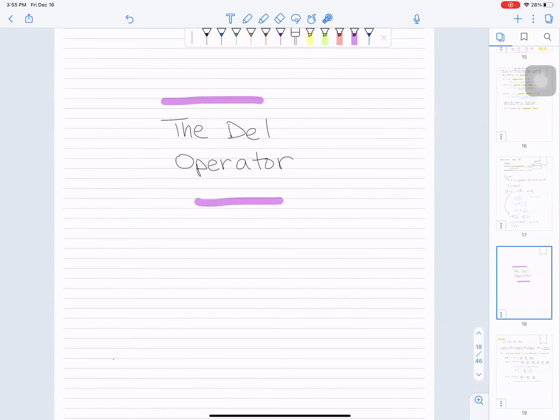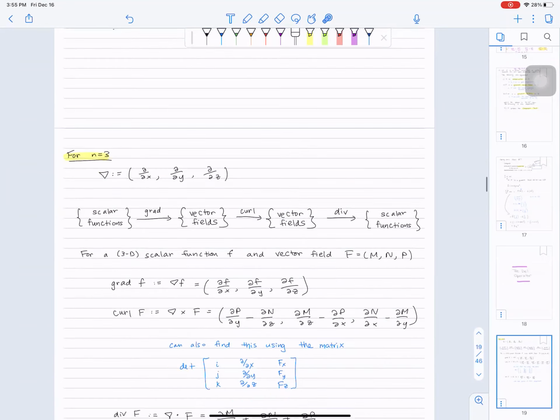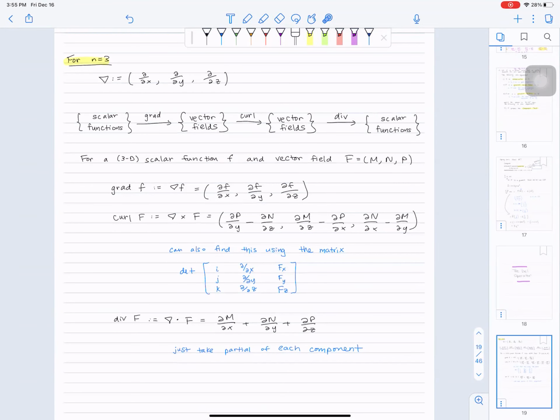Okay, next we have a quick refresher of the del operator. The key takeaways, and this is very important to visualize if you're doing things correctly: if you start off with a scalar function, gradient gives you a vector field. Curl takes that vector field and gives you a vector field again.